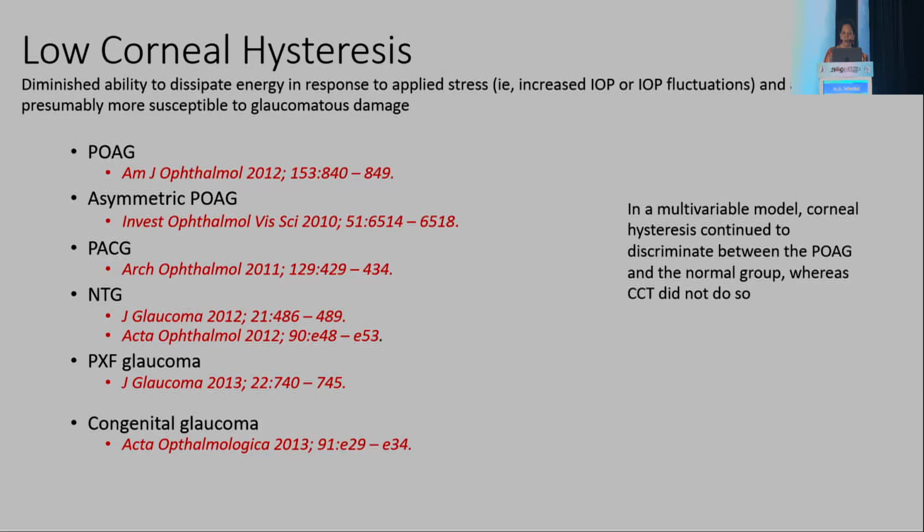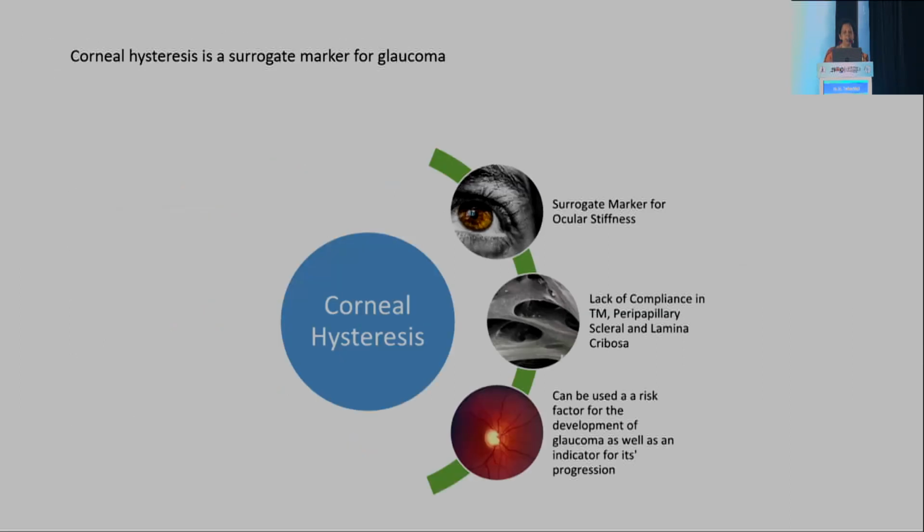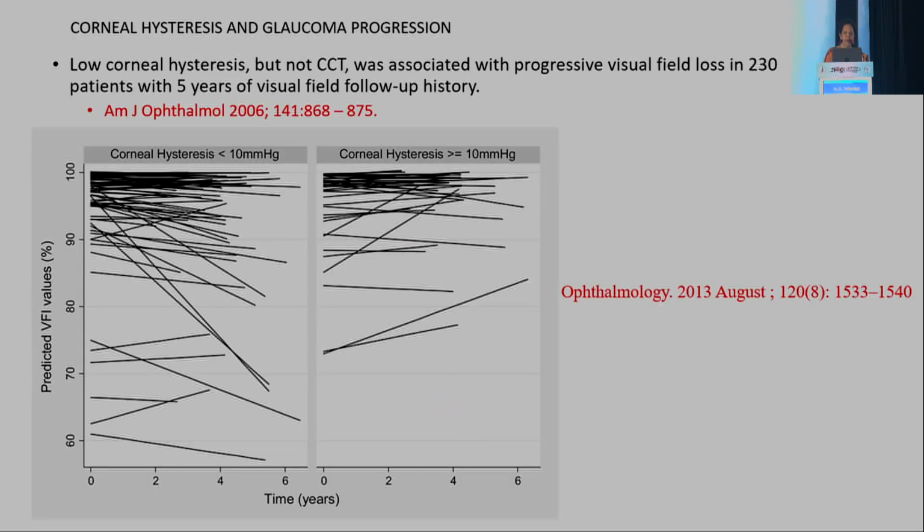In a multivariable model, it is corneal hysteresis and not CCT which can discriminate between the POAG eyes and the normal group. CCT could be normal in both normal and POAG eyes, but corneal hysteresis is low in the POAG eyes. So corneal hysteresis can be considered a surrogate marker for ocular stiffness, for the lack of compliance of the trabecular meshwork, the peripapillary sclera, and the lamina cribrosa.